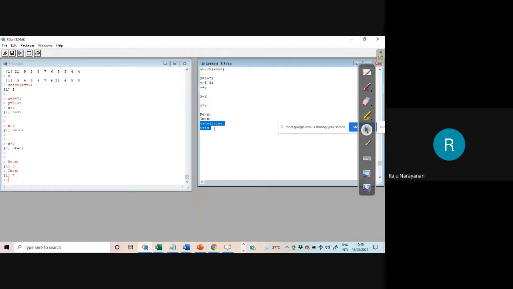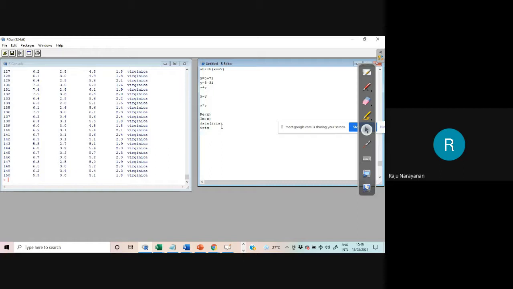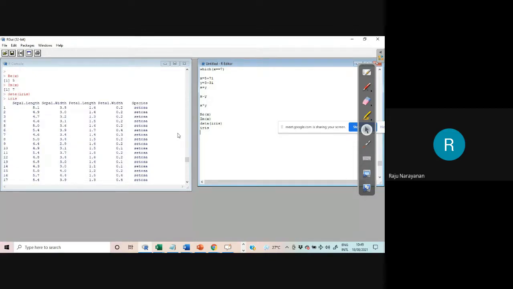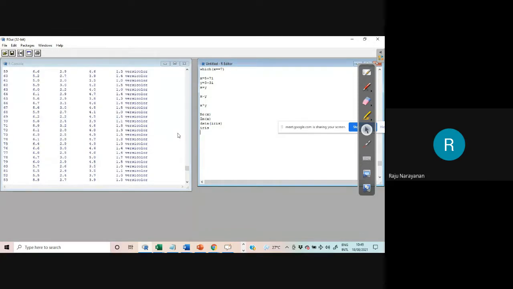Using this single data set, you can see almost all PG level statistical tools: regression, correlation, factor analysis, principal components, whatever you want to do, you can do using this single data set. It is always advisable to attach first. Attaching is not good, but attaching data is a must.